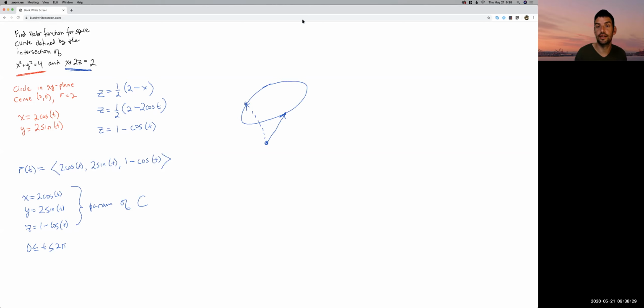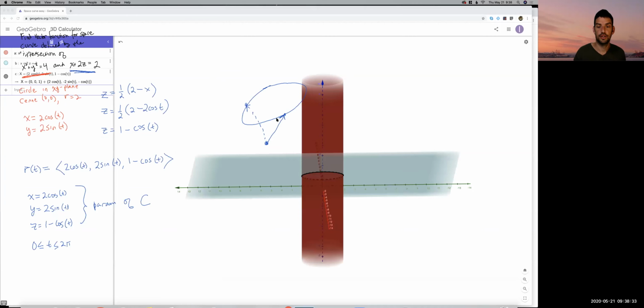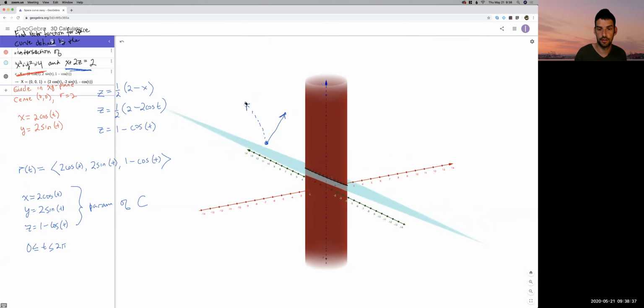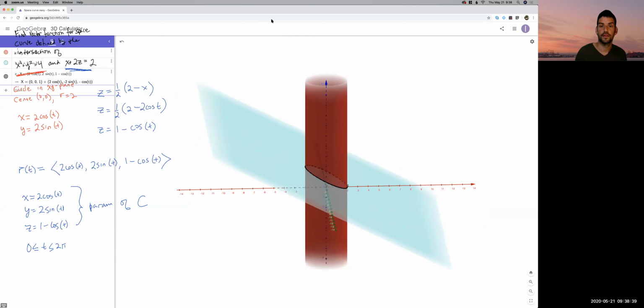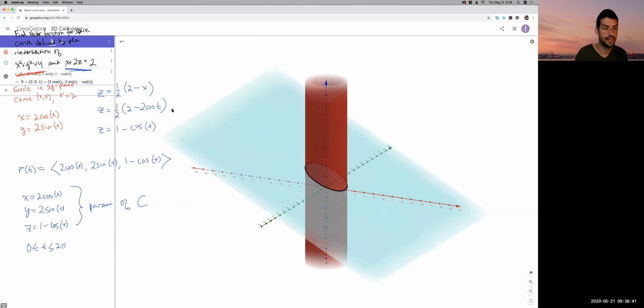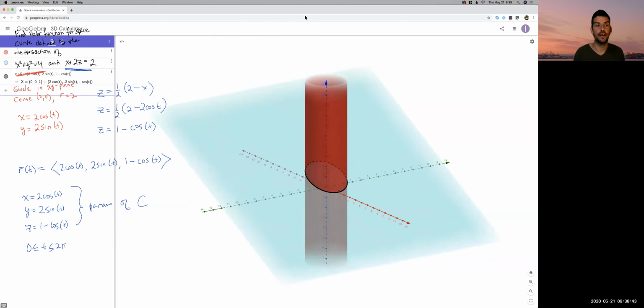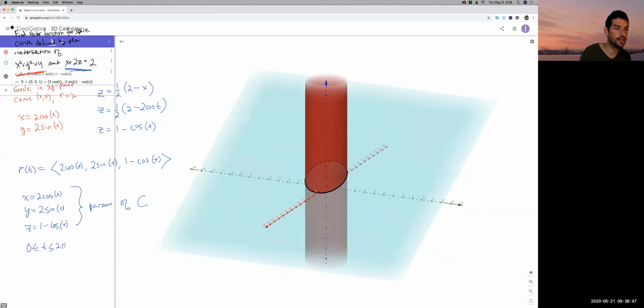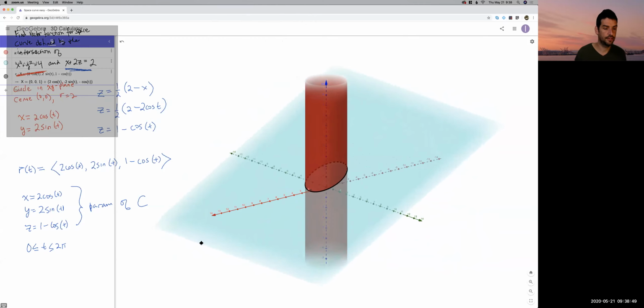If we go back to this graph, this is exactly the function that I put in. Let me erase all this.